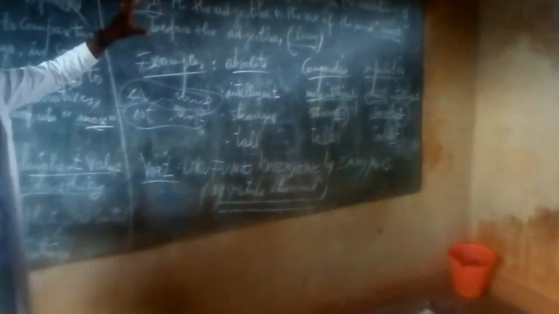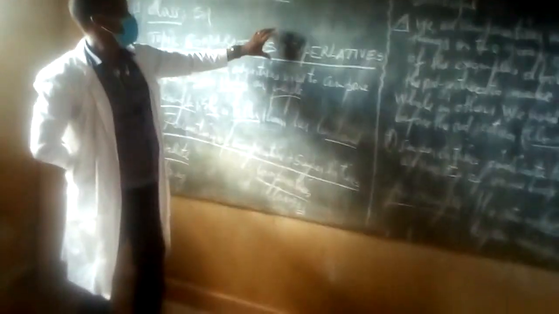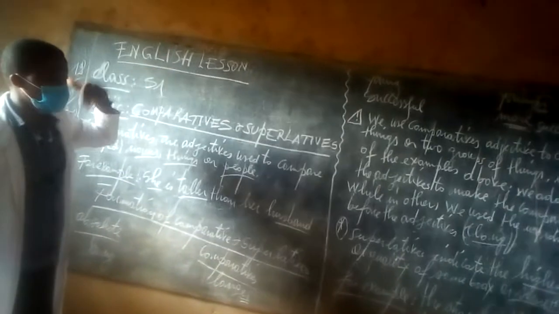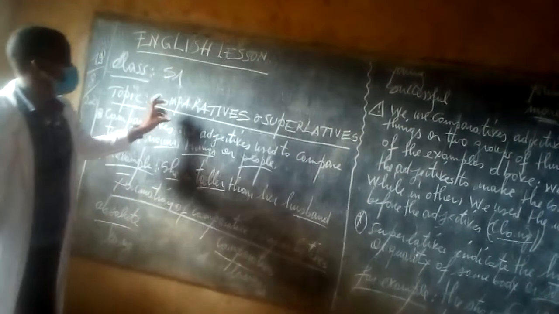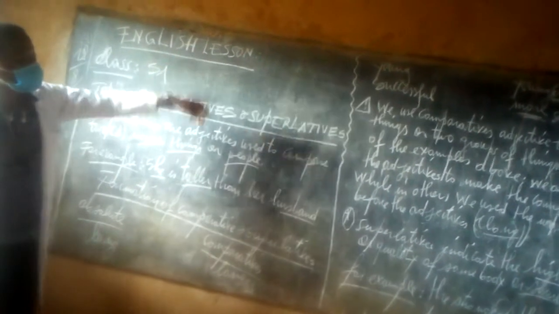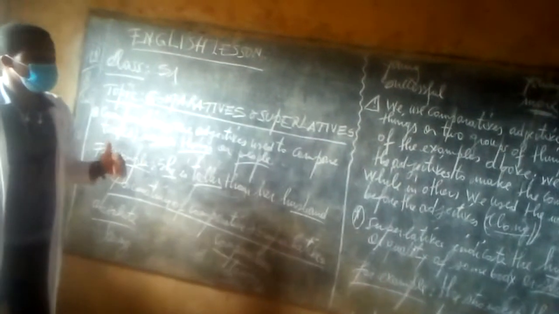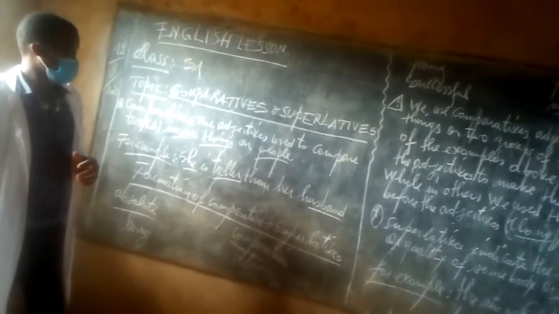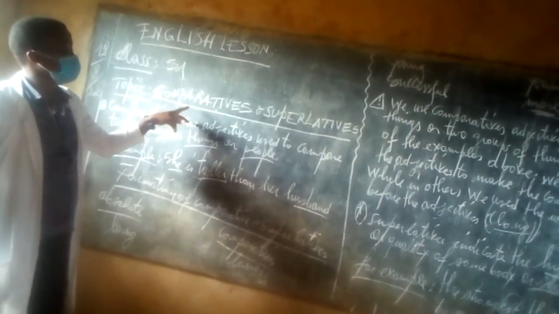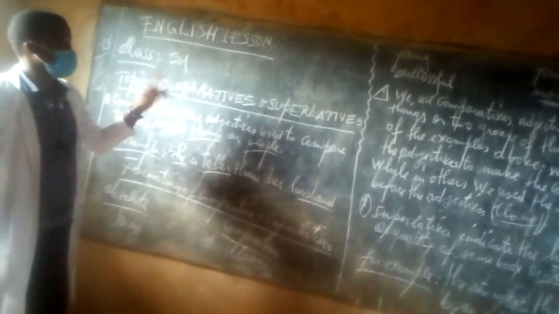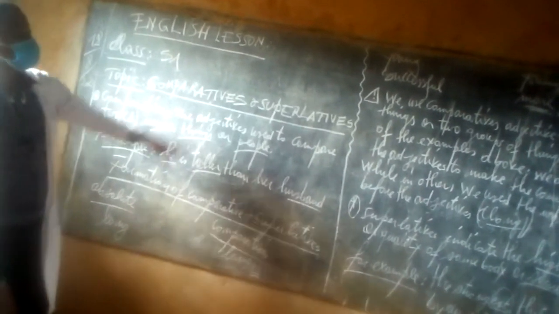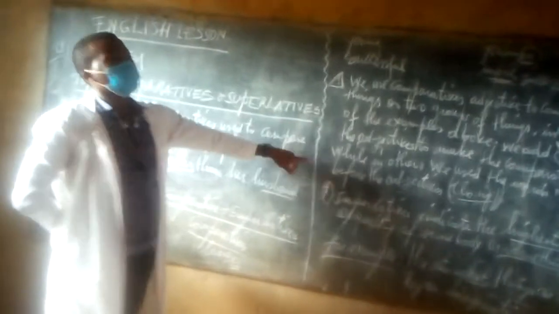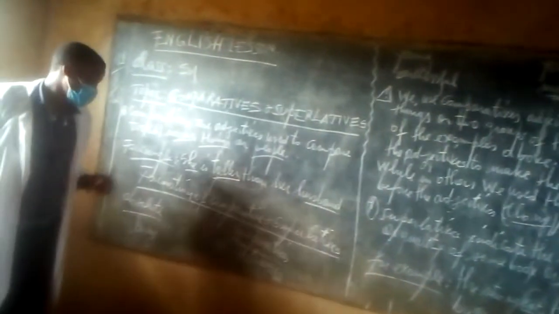Yes, let us make a summary of this. Today we have been talking about the comparative and superlative. The key point to keep in mind is that those forms are used in comparing things. With comparative, you are comparing two things. And with superlative, you are comparing one thing among others.